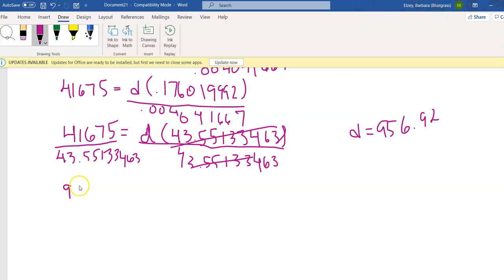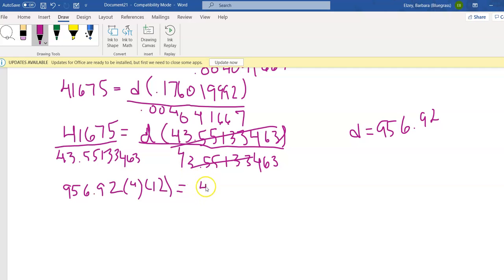So let's look at what we're paying. We are paying $956.92 for 4 years every month, so 12 times a year. So let's multiply all that together, and that will tell us how much we're actually going to end up paying for this car.